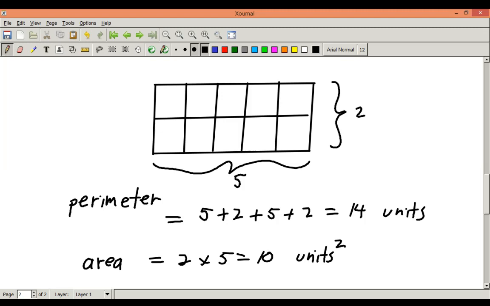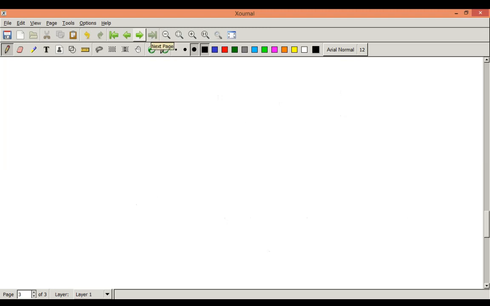I'm just going to give you next some formulas for areas and perimeters of shapes that you probably already know from 7th grade or whenever you first had a little bit of geometry. So let's start with the rectangle.